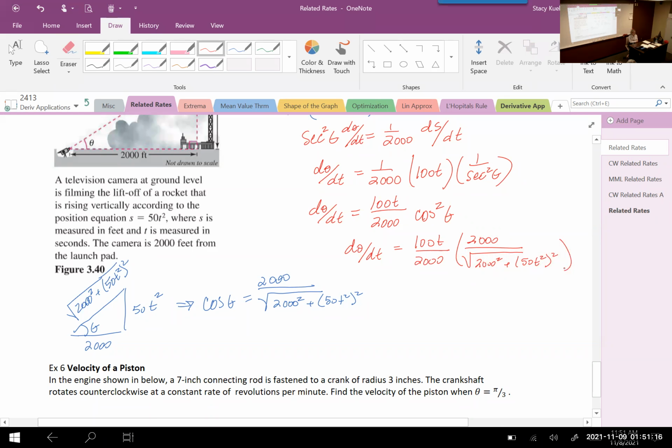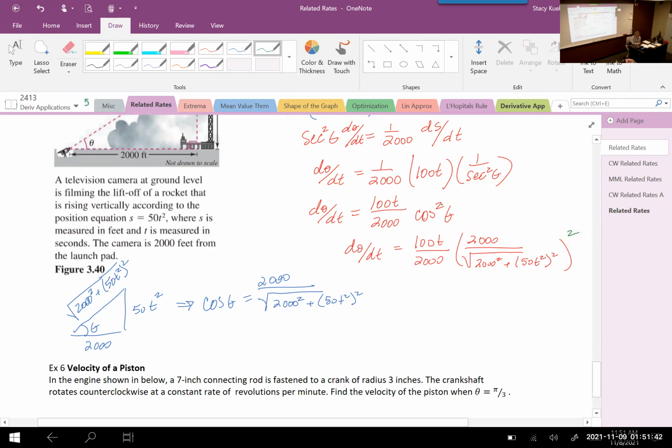Everything in there is now written in terms of just t, isn't it? And I know what t is. T is 10, we were told at the beginning. Yes, ma'am? Yes, thank you, thanks for the catch, because of that square right there.